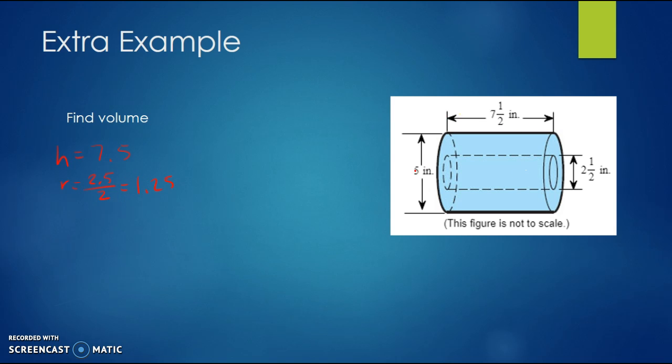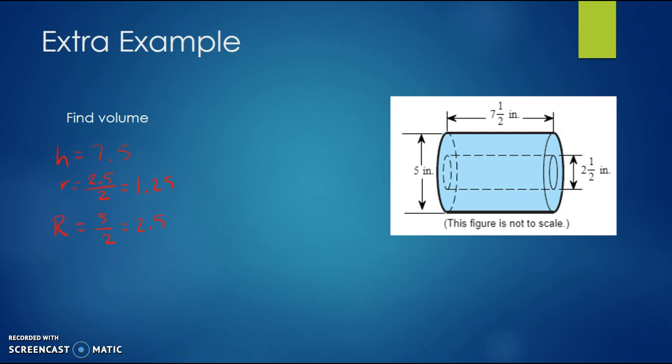And then for our big cylinder, they normally call that radius a capital R when we're working with two different radii. And so we know that the diameter is 5, so now I need to take 5 and divide by 2, in which we will get 2.5 as our big radius.